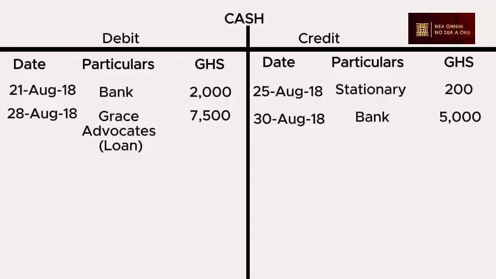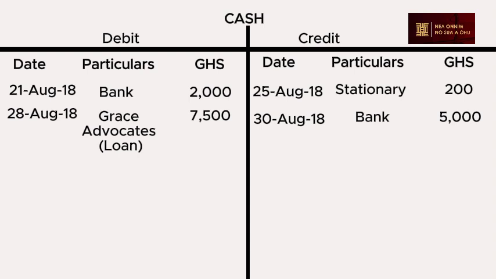Good. Now, try your hands on the cash account. The cash account. If you did it right, you'd realize that you're going to have the total debits being 9,500 and the total credits being 5,200, which means there's a deficit of 4,300 on the credit side.